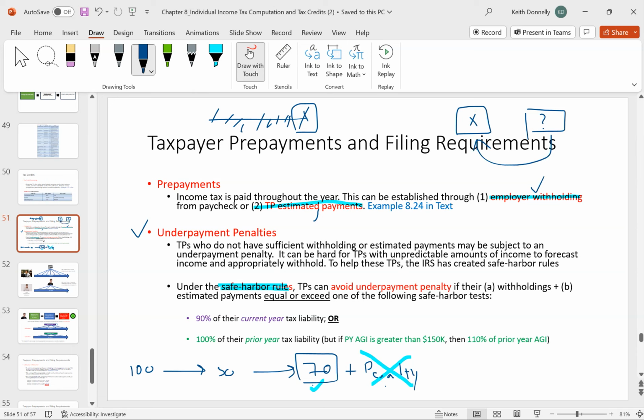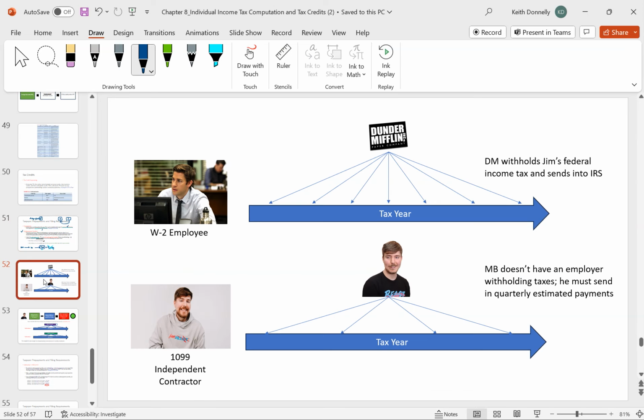What this says is, if during the current year you put into the system 100% of your last year's tax liability, then you aren't going to owe the underpayment penalty. Now, if last year your AGI was greater than 150 grand, it's going to be 110%, but that's the setup on it.